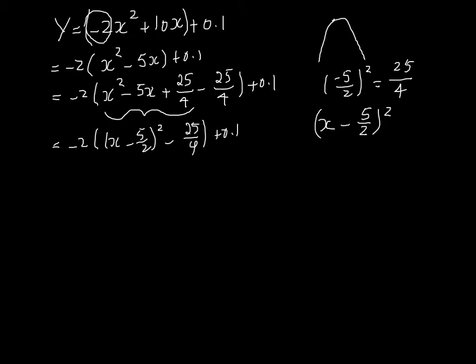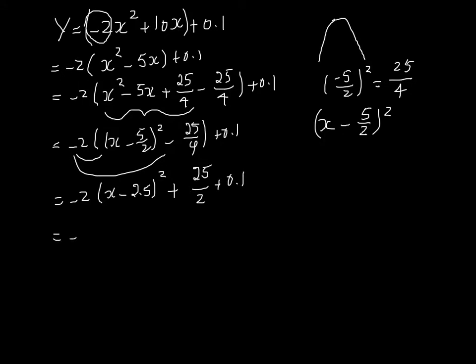Now I'm going to distribute negative 2 inside the bracket. I get negative 2 times x minus 5 over 2, which is 2.5, squared. Negative 2 times negative 25 over 4 gives me plus 25 over 2, because the 2 is going to cancel and 4 becomes 2, plus 0.1.